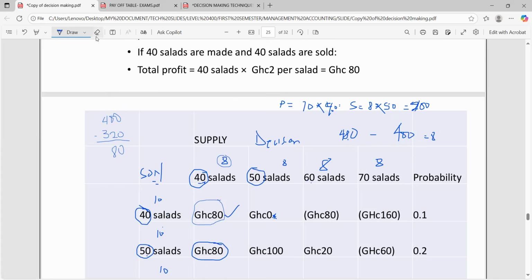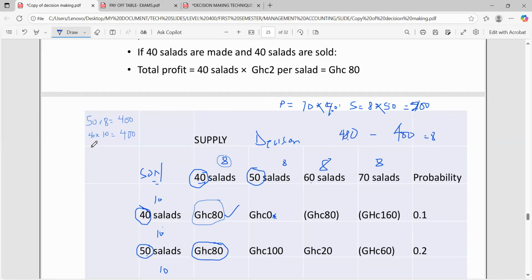Yeah. Now, I have prepared 50 items at a cost of 8 cedis, which is 400. You also need just 40, and I'm selling the 40 to you at 10 cedis. At the end of the day, I've already prepared the 50 items.